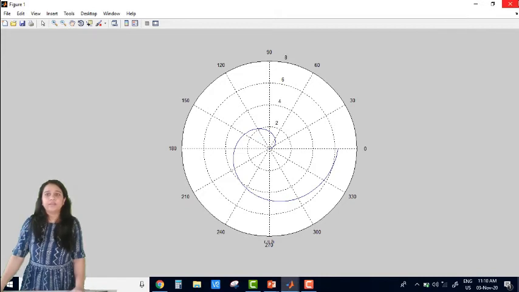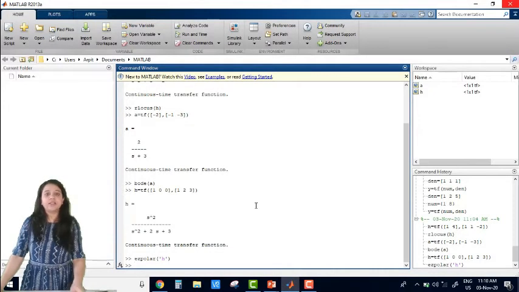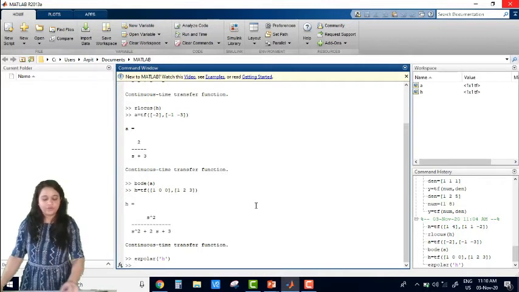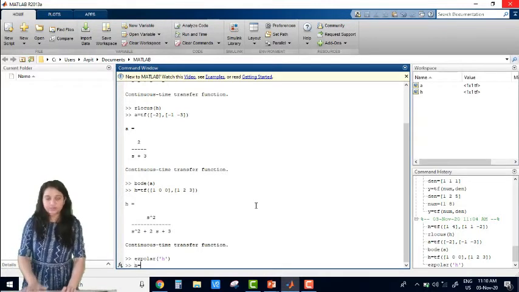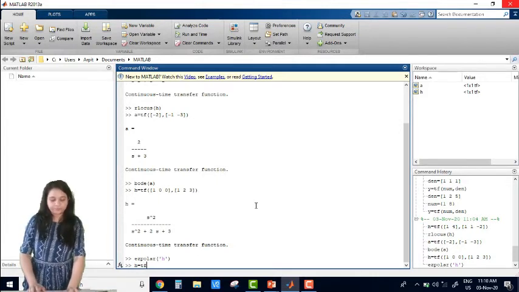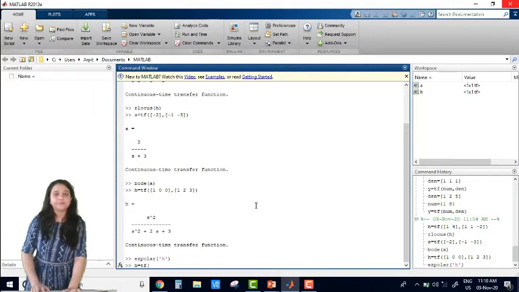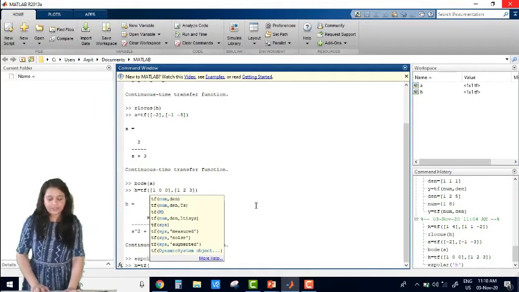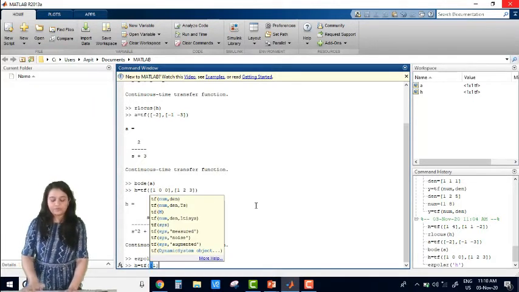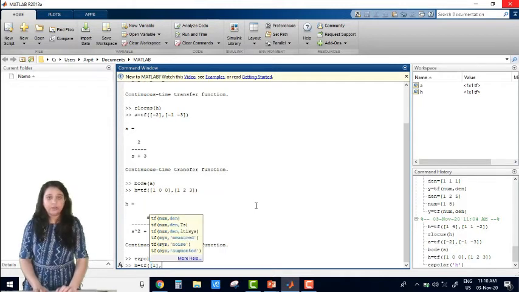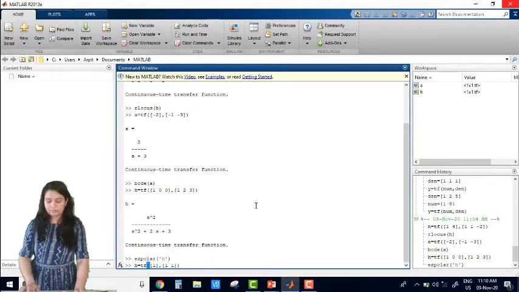Okay, and the last plot is the Nyquist plot. For that, first of all we have to define the transfer function h, equal to tf in the small bracket. First we derive the numerator coefficient, suppose it is 1, and in the other bracket is my denominator coefficient.